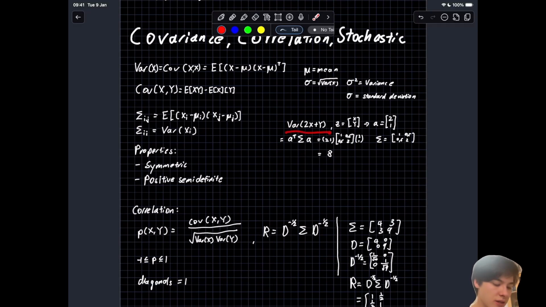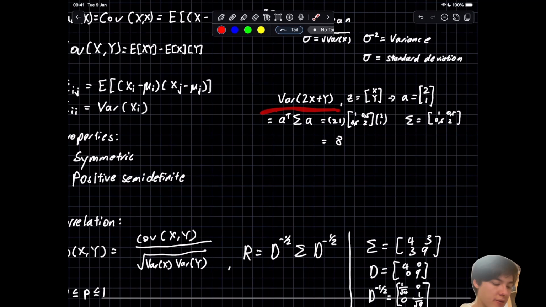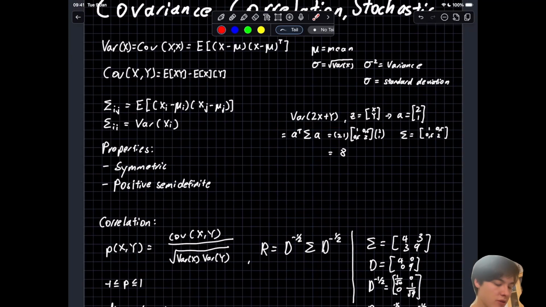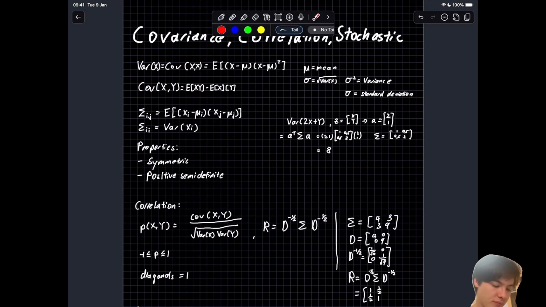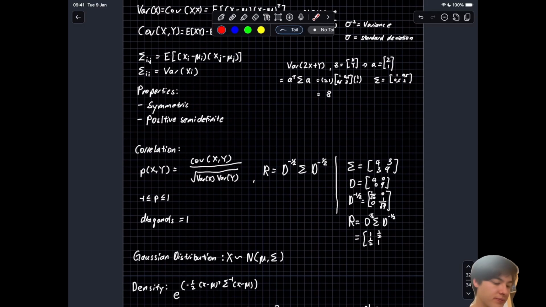So yeah, if we apply a function, or if it's like a linear function, then A is 2, 1, for example, in here, and then we just times the covariance. So yeah, the variance of this would be 8, for example.